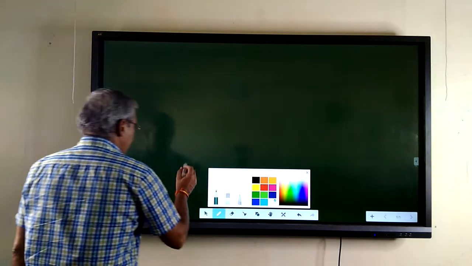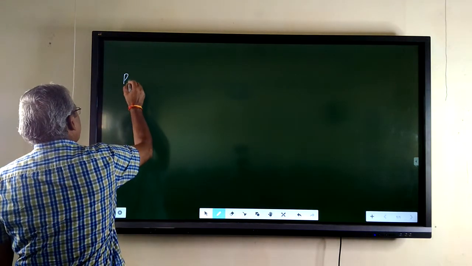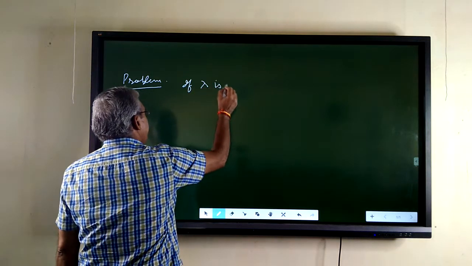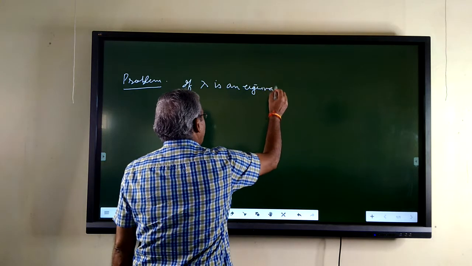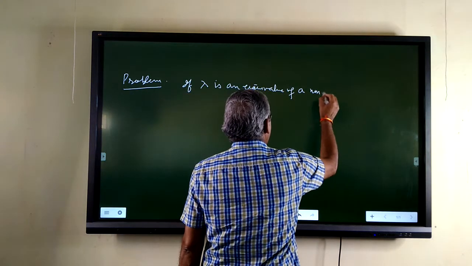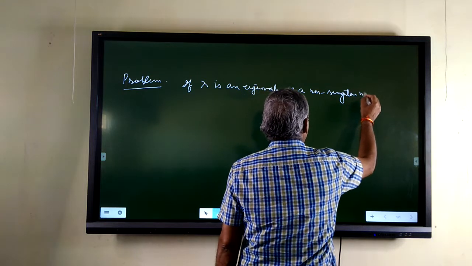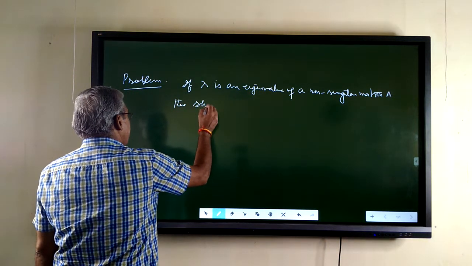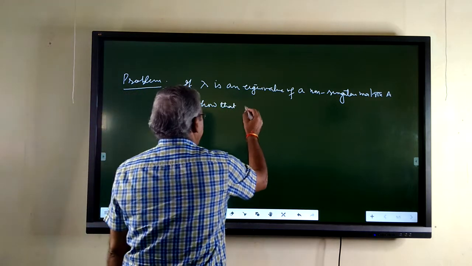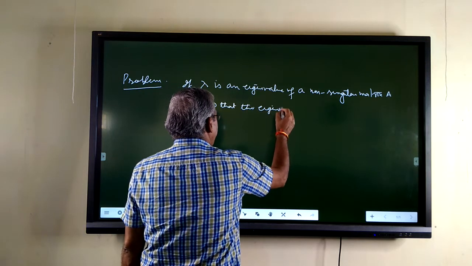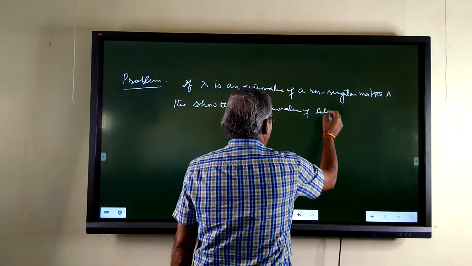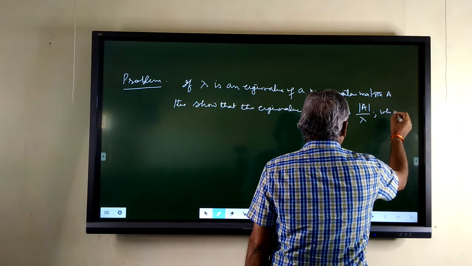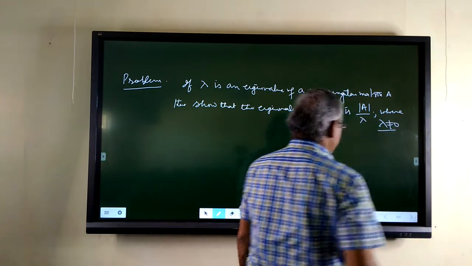First problem: if lambda is an eigenvalue of a non-singular matrix A, then show that the eigenvalue of the adjoint matrix of A is determinant of A upon lambda, where lambda is not equal to 0.